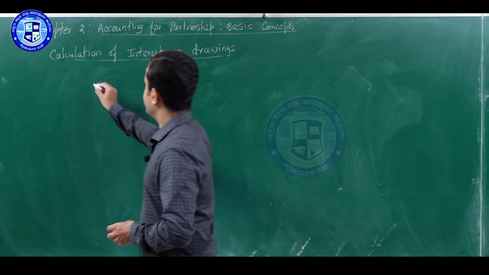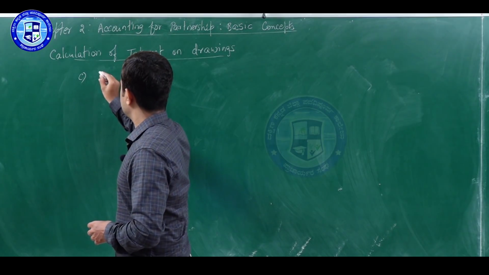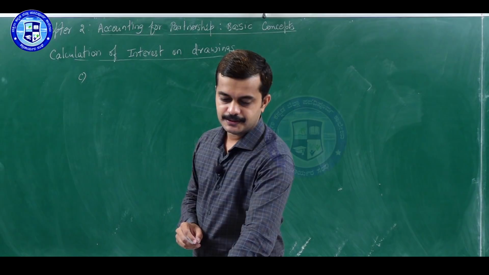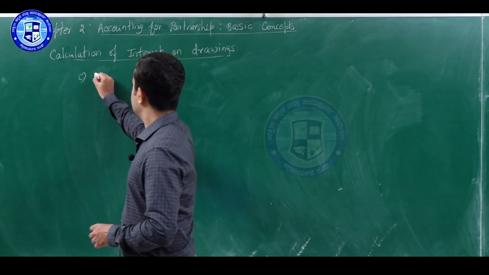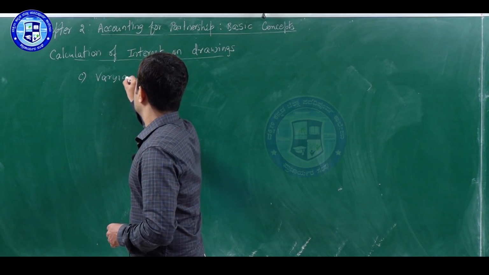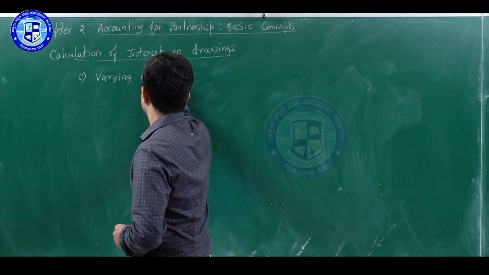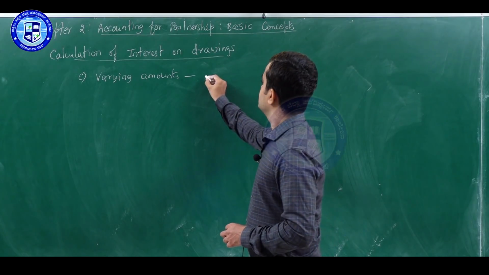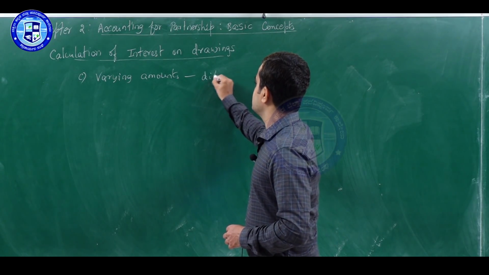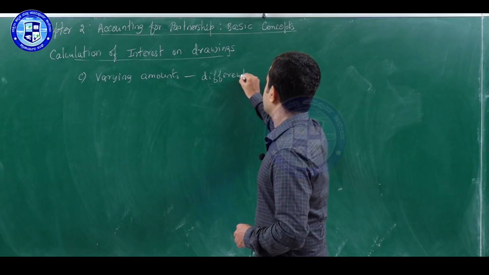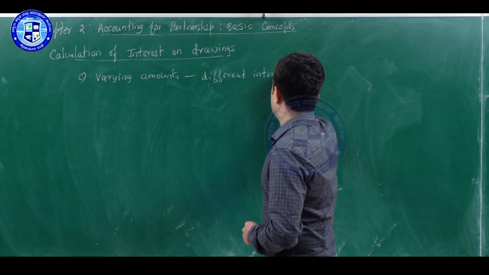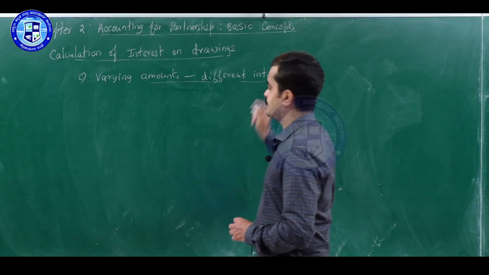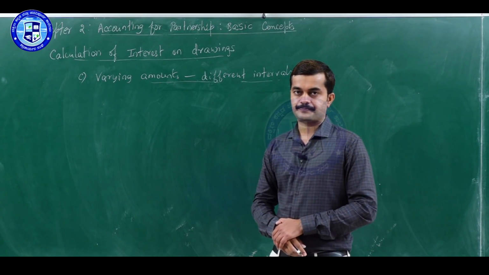After this we will look at case 3 or situation 3, which is when varying amounts are withdrawn at different intervals. So, how to calculate interest on drawings?